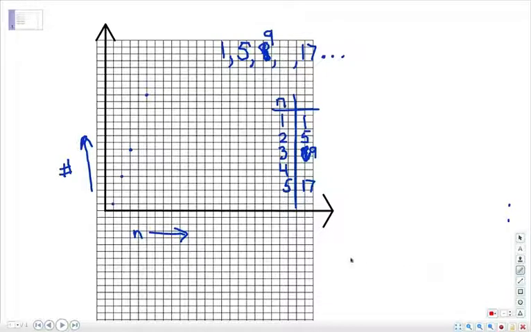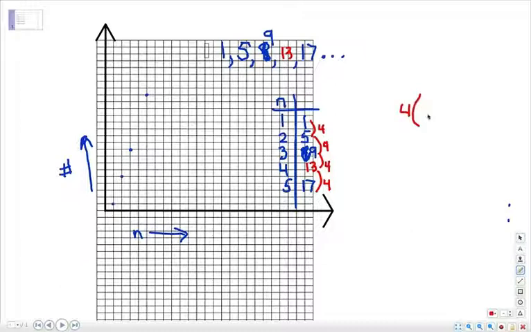The common difference is 4 each time, isn't it? So 9 plus 4 would be 13, so there'd be a 13 in that spot. And if I add 4 more, that would be 17. So my common difference is 4.